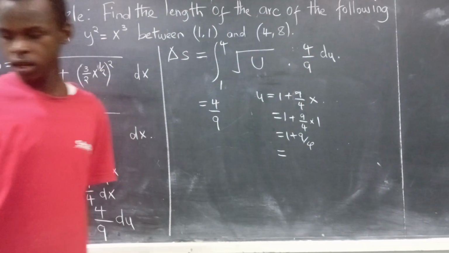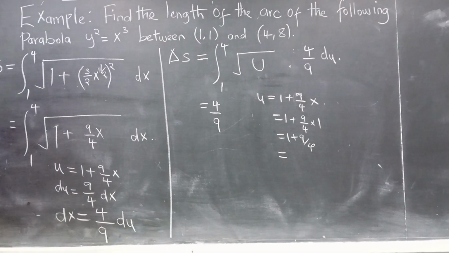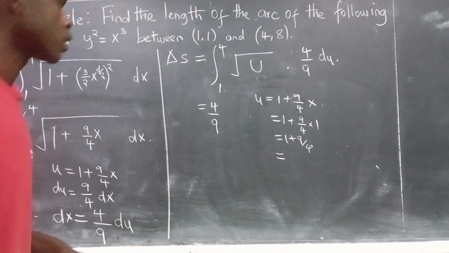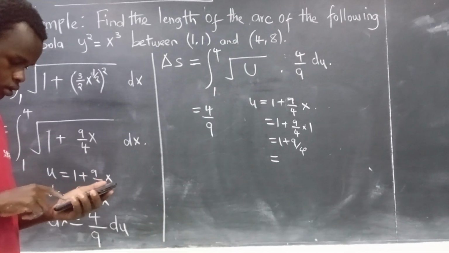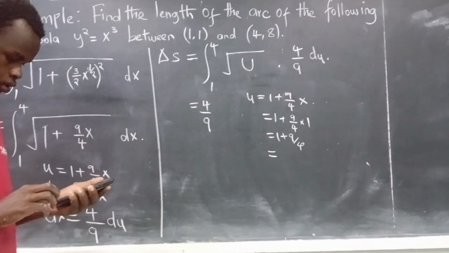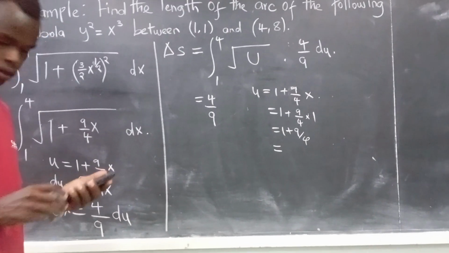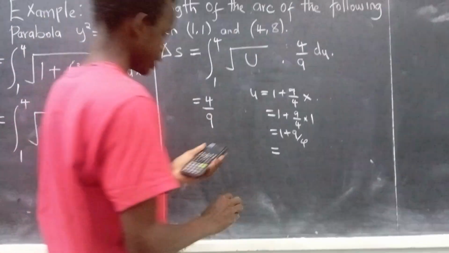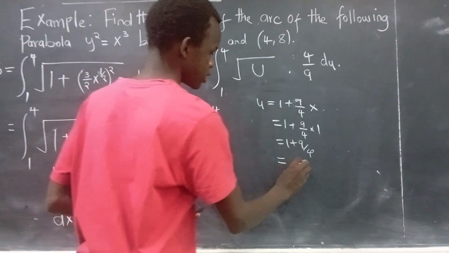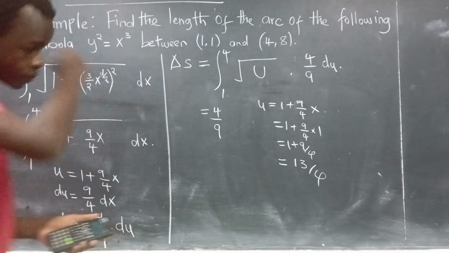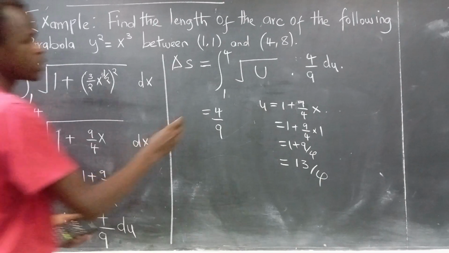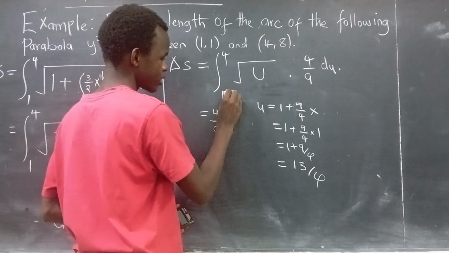I'll get my u value as 13 over 4. So instead of writing 1, I'll write 13 over 4.